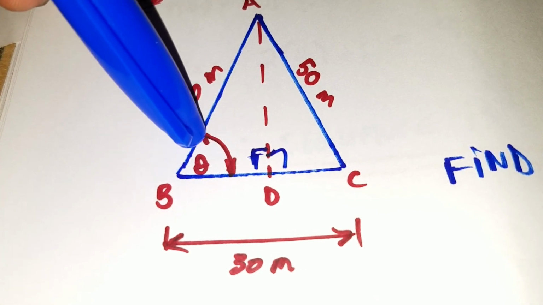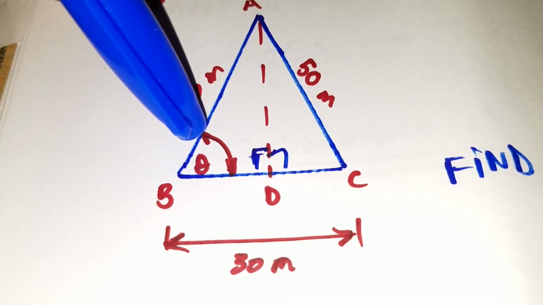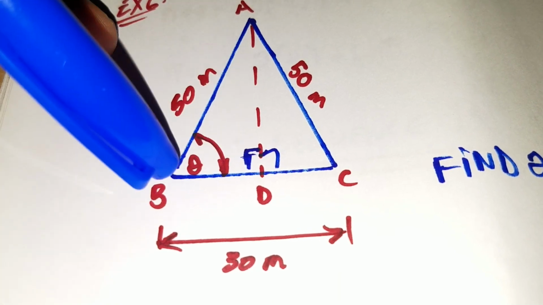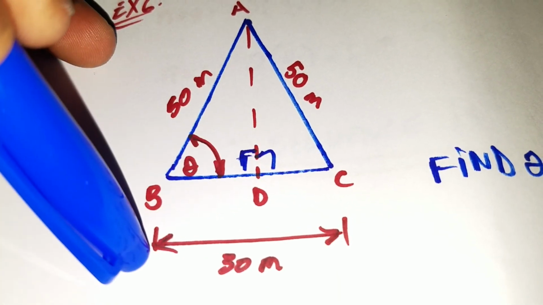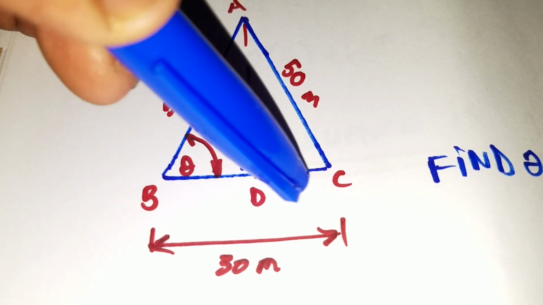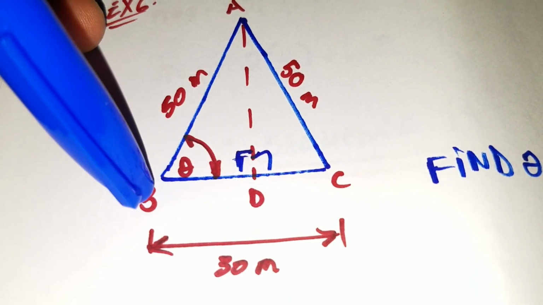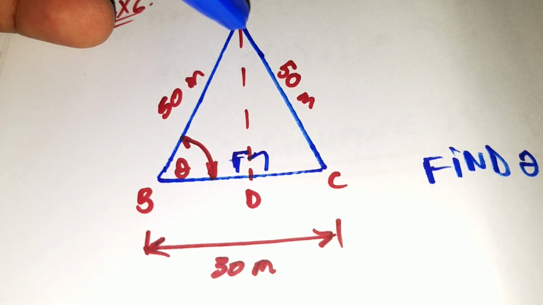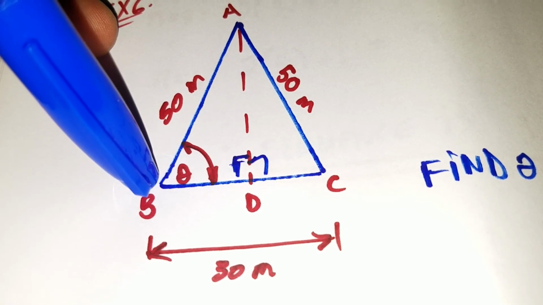Now, for this angle theta, what we will realize is that the side BC is 30 meters, so half of BC would be 15. So B to D would be 15. And this side right here is the hypotenuse of 50.